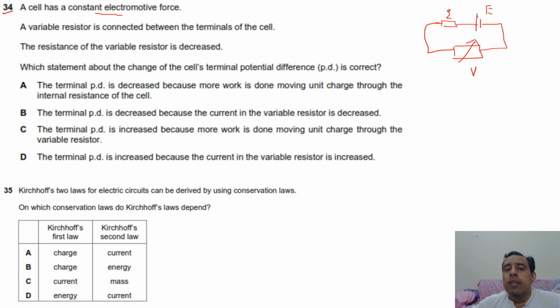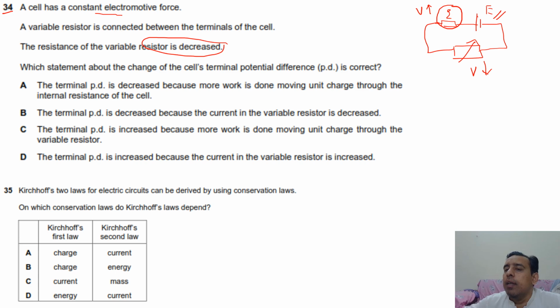The resistance of the variable resistor is decreased. It means if we decrease this resistance, the voltage is going to decrease here. So the voltage against the internal resistance must increase, because the sum of these two voltages must be equal to the EMF.